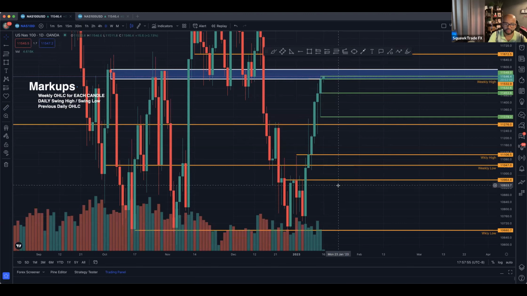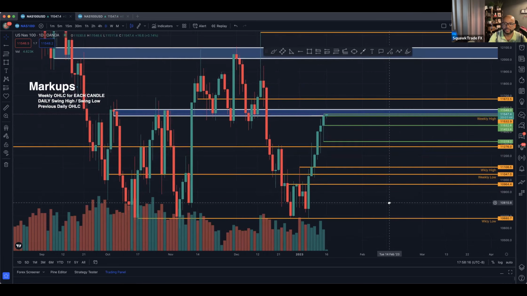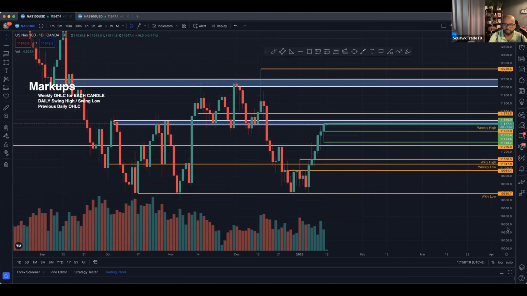Okay, so it's 6 o'clock. So let's talk about how I then identify entry, because we didn't identify entry yet. We just identified areas that we're interested in. We did not identify how we enter. How I enter is slightly different than what you may have learned.